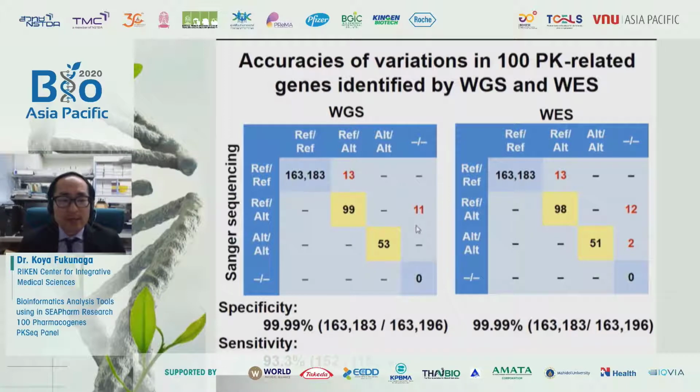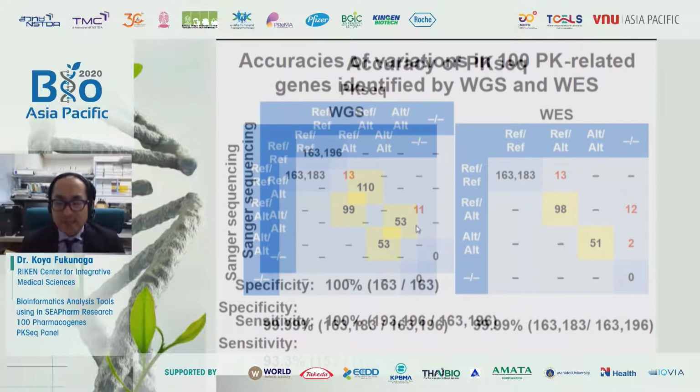REF refers to reference allele, and ALT refers to variant allele. As a result, several discrepancies were observed in comparison between WES and Sanger sequencing, leading to lower sensitivity. Therefore, we needed a high accuracy sequencing method other than WES and WGS.